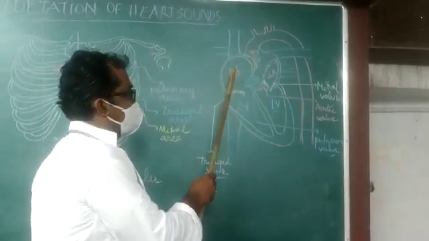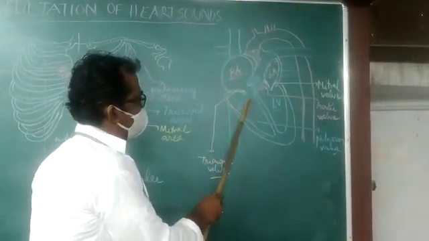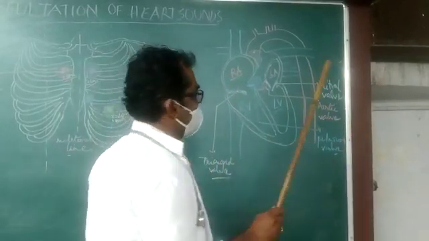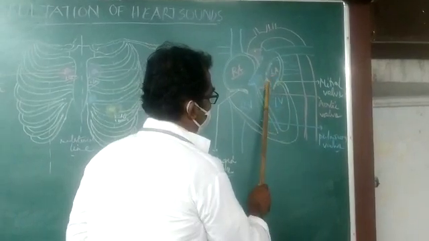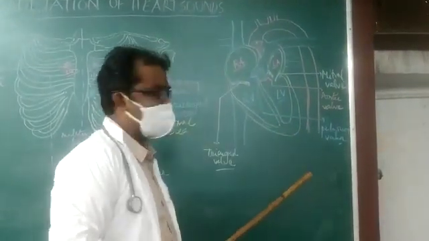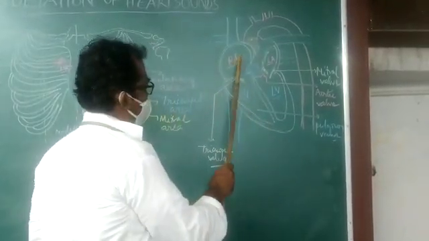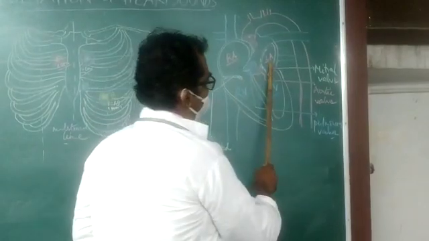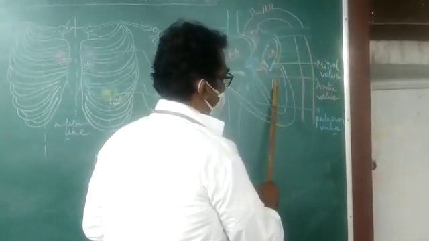The tricuspid valve is between the right atrium and right ventricle, and the bicuspid valve, or mitral valve, is between the left atrium and left ventricle.